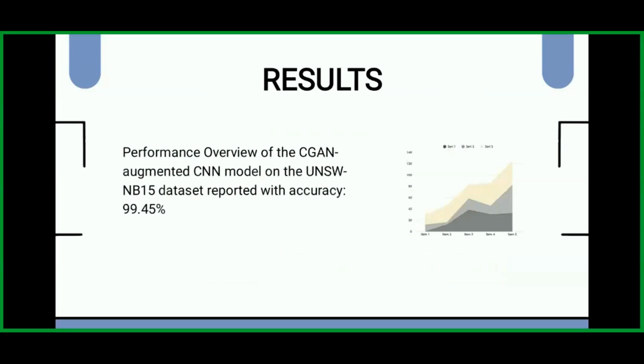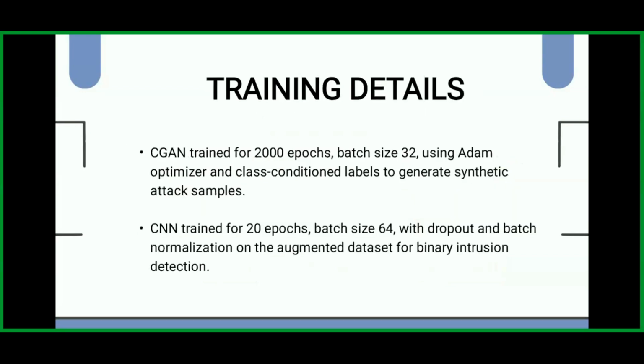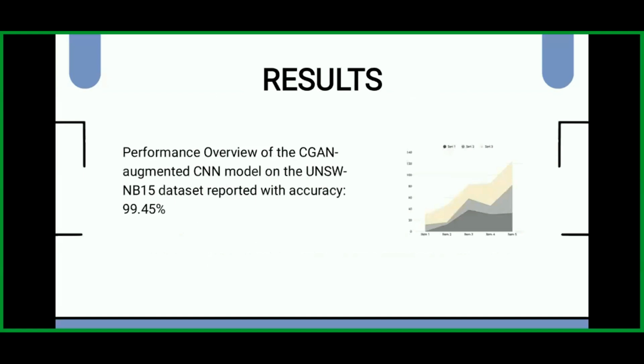If I talk about training details, the CGAN was trained for 2000 epochs, batch size 32, using the Adam optimizer with class condition labels to generate synthetic attack samples. Then we trained the CNN for 20 epochs, batch size 64, with dropout and batch normalization on the augmented dataset for binary intrusion detection.